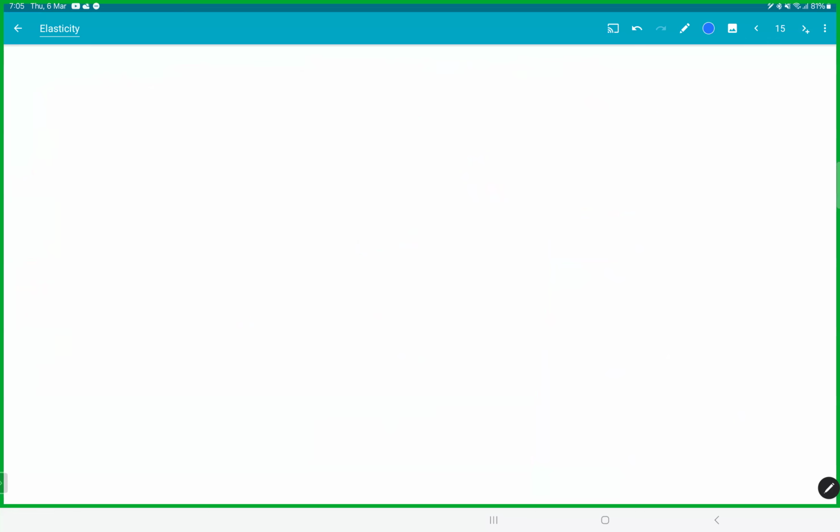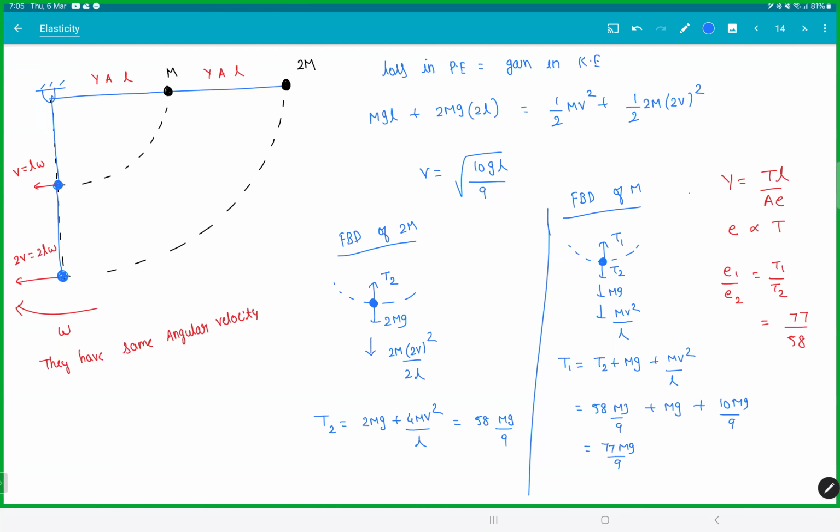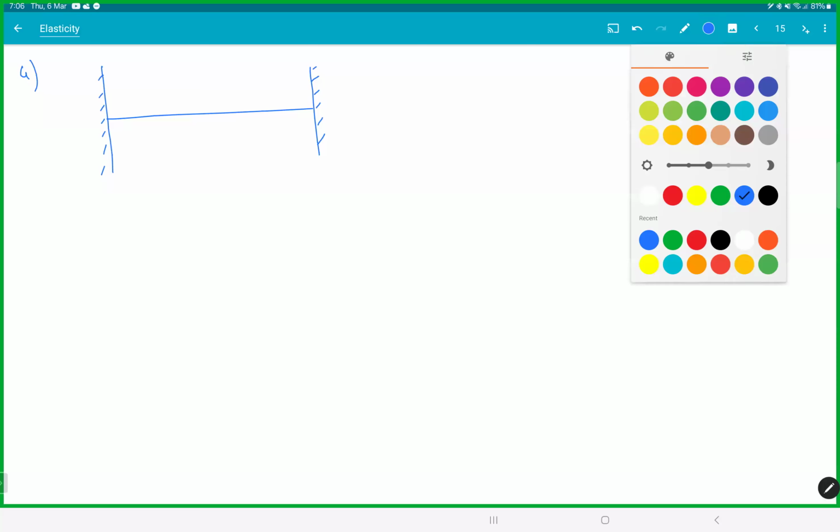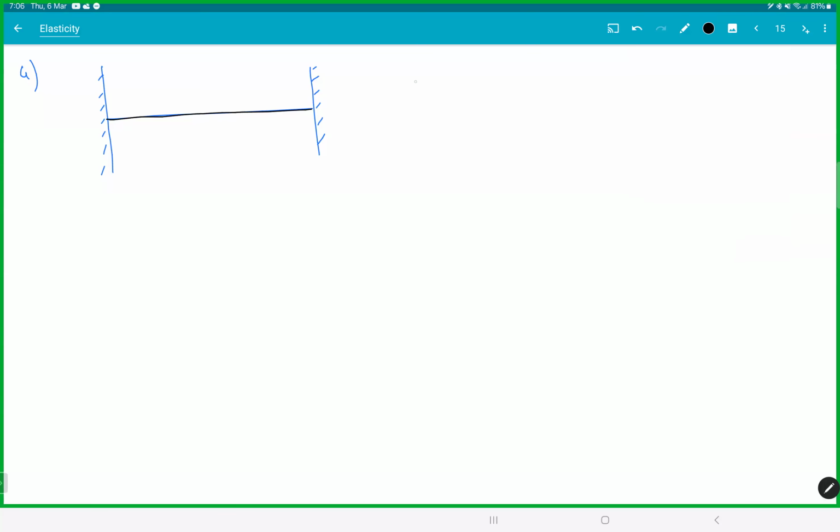Let's see the next one. So we got a wire here between two walls.